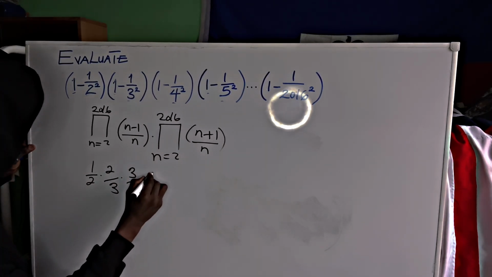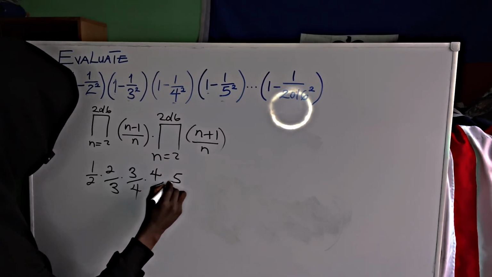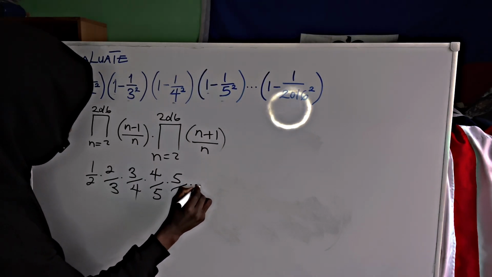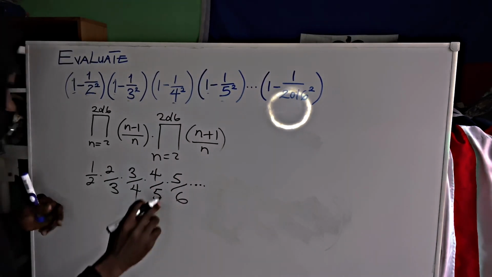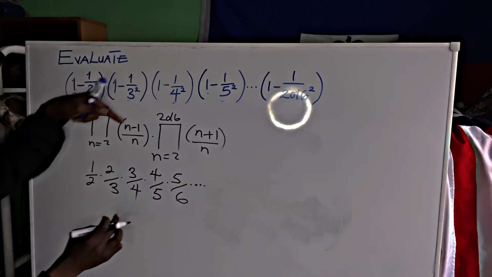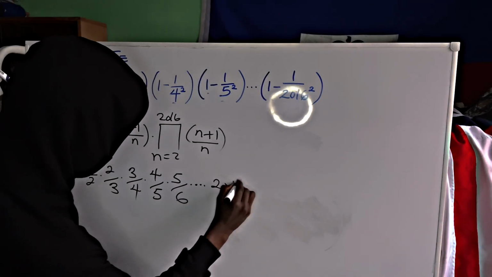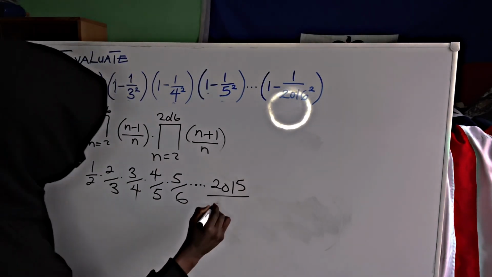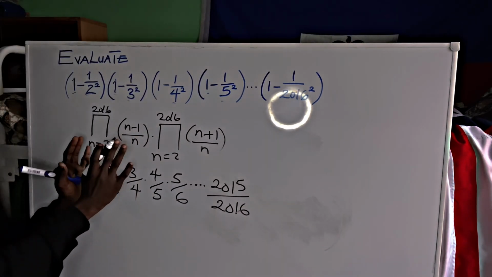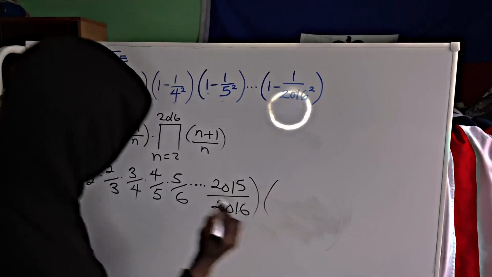So this will be 4 over 5 times 5 over 6, up to the last term, where we plug in 2016, and 2016 − 1 is 2015, all divided by 2016. This is just for the first product. Let's put it in parentheses. Then we come to the second product.